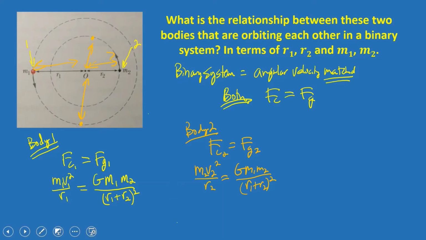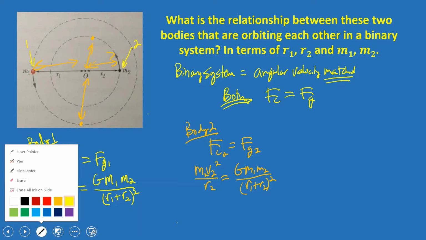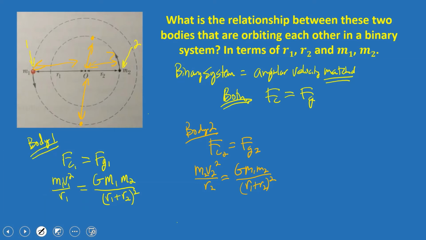All right, now we're just going to do a tiny bit of algebra here, some algebra magic here. You ready? Okay, let's go red. I'm going to multiply both sides by R1 over R1. Okay? And so what's going to happen? So what I'm going to get now, and I'll do the same thing for this one, except on this one, I'm going to do R2 over R2. And this is a trick.